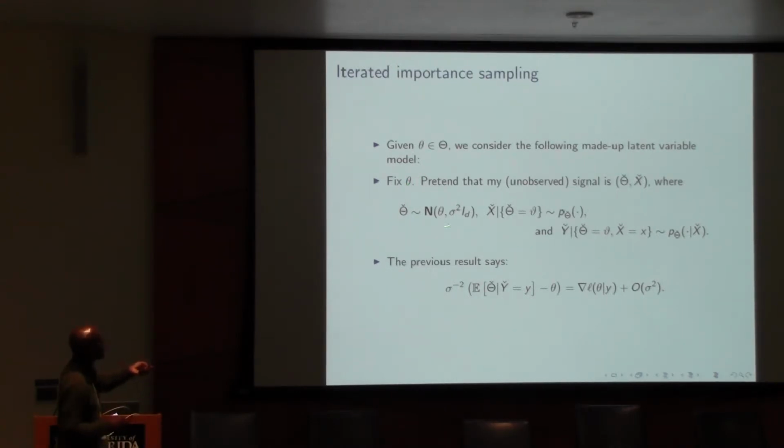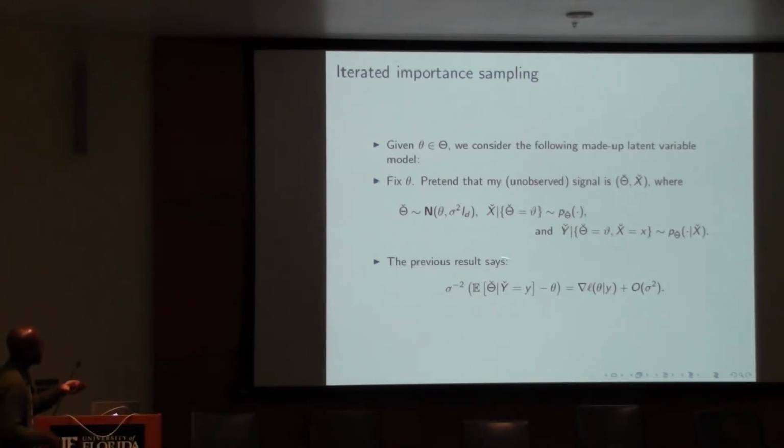At a particular theta, I draw a new parameter, var theta, which is normal at little theta with variance sigma square. Given theta, I draw the signal from this distribution. I guess this should be var theta. Given var theta and small x, I draw the observation.